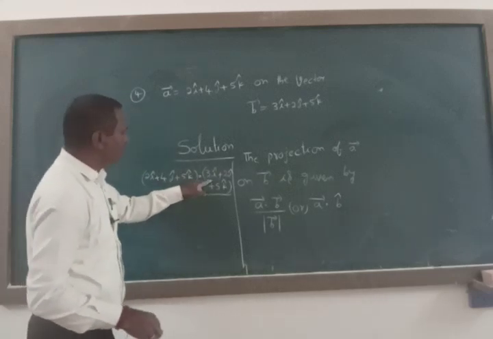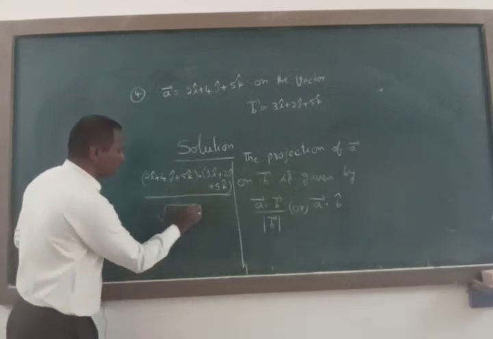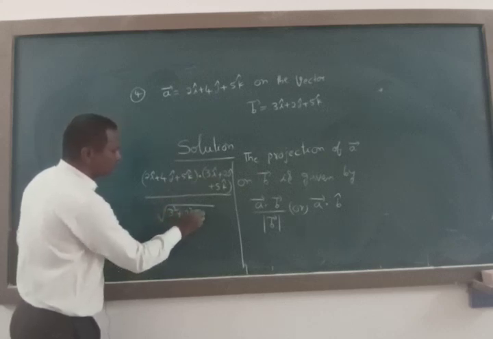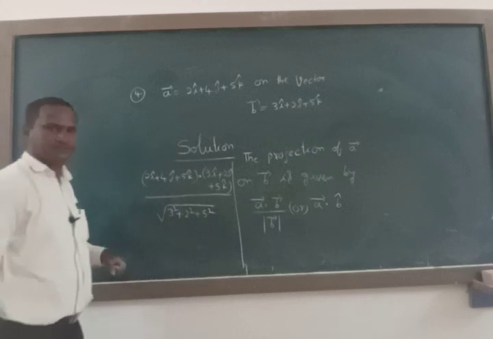For that we must take the magnitude of this vector, square root of 3 square plus 2 square plus 5 square.